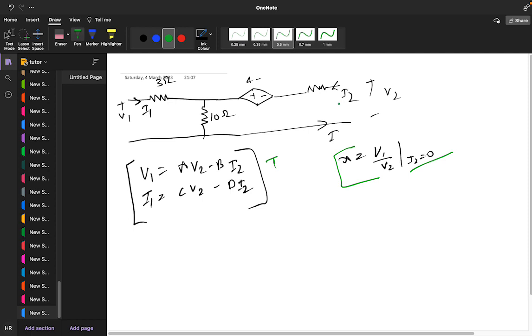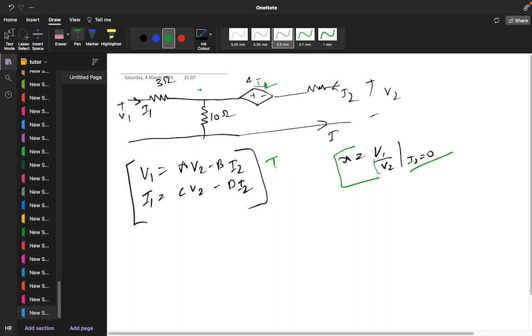If you make I2 equal to 0, this is I1 and this current is I1. And we need to find the value for V1 by V2.